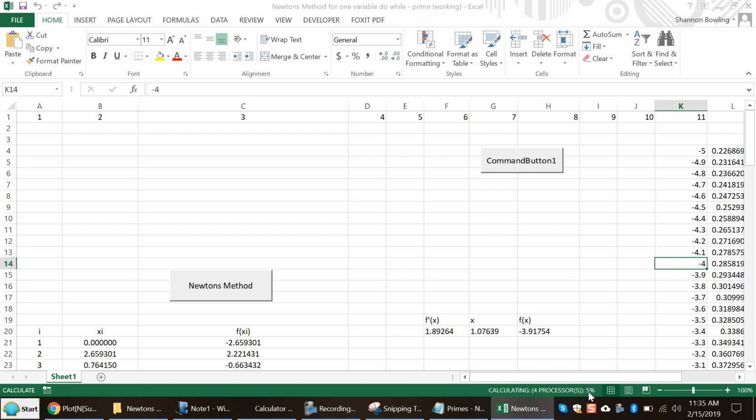Mental note, don't do this again. That could be a problem. Anyway, I'm giving a really good demonstration of why you need a more sophisticated technique than just brute force. Is that clear now?